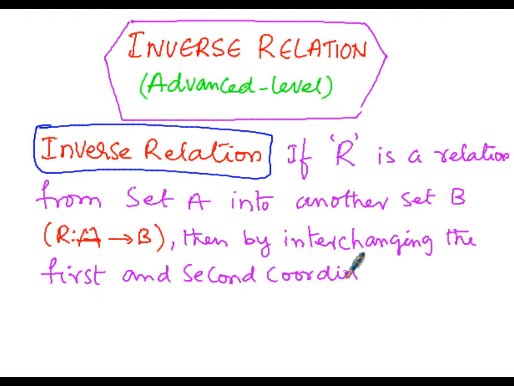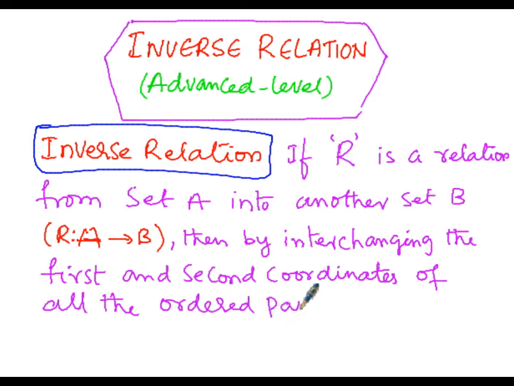The first coordinate becomes the second coordinate and the second coordinate becomes the first. In this manner, by interchanging the first and second coordinates of all the ordered pairs of the given relation R, we get a new relation.